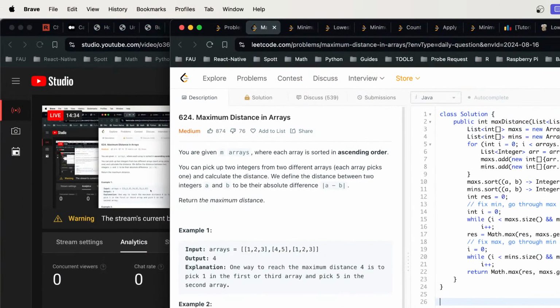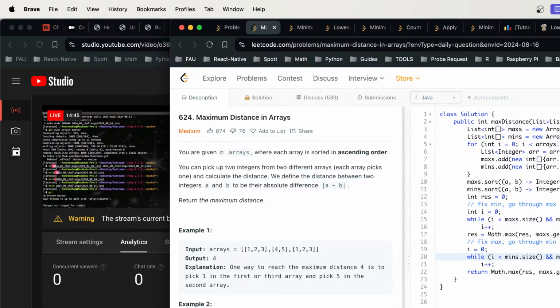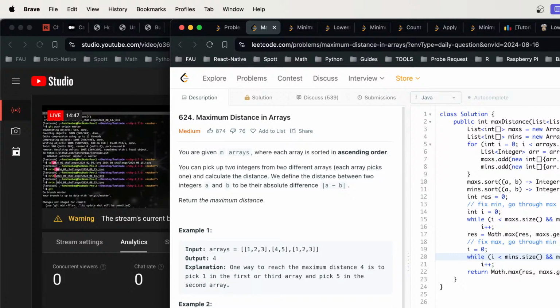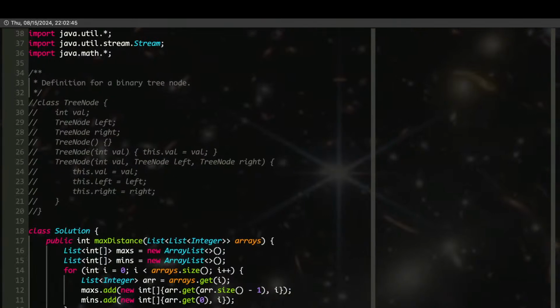Now I run through this. Maxes. Looks about right.